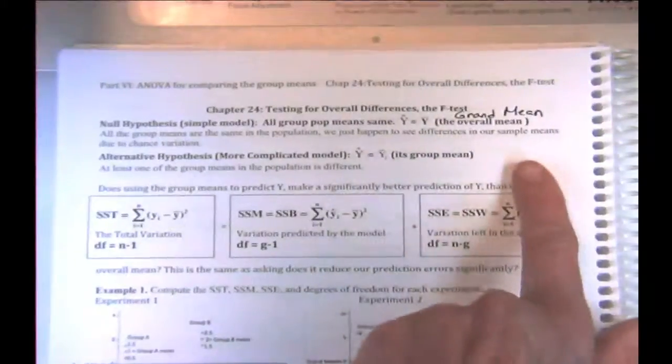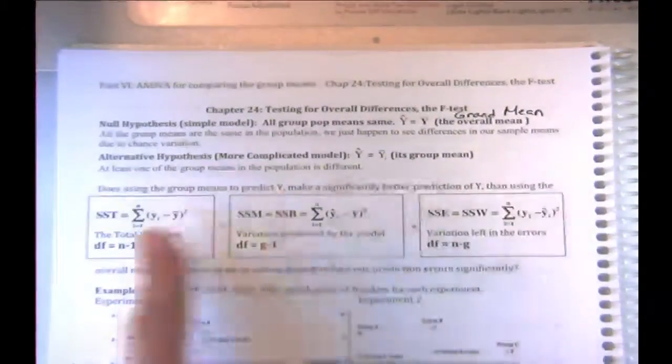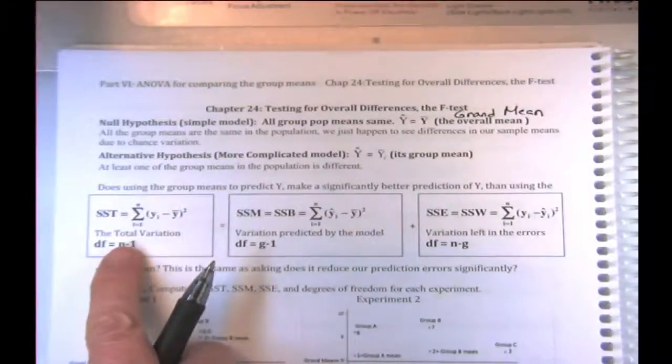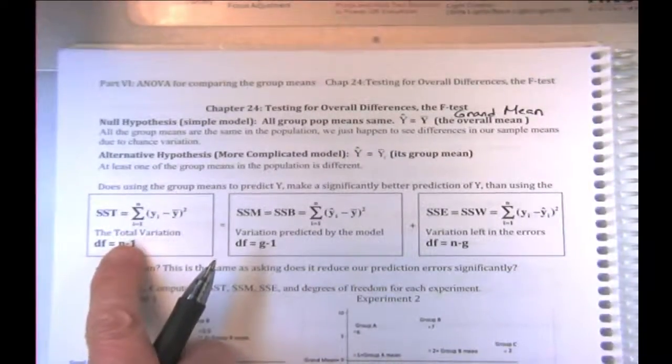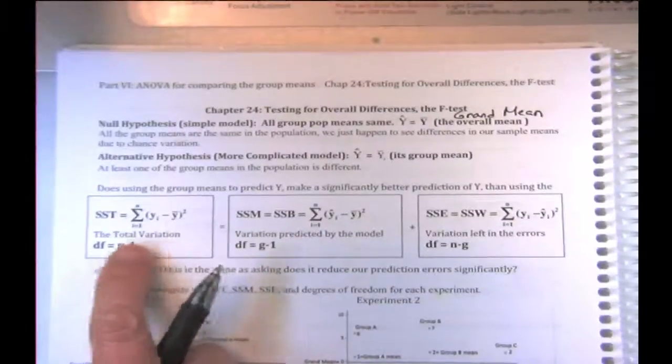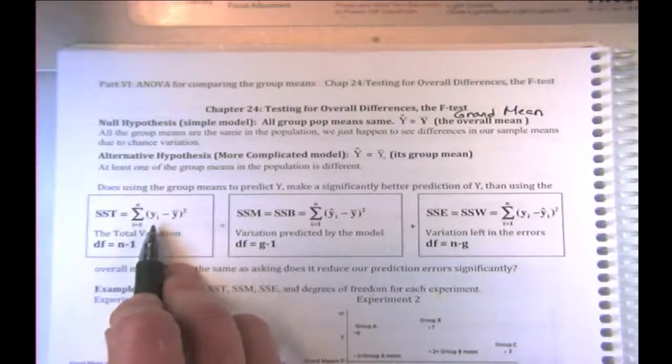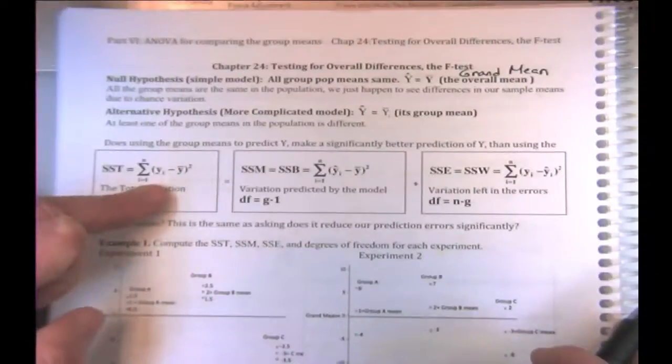Now, your sum of squares total here would be what? The sum of squares total is going to be equal to each individual y minus the overall y, right? So this would be 1.5 minus 0.